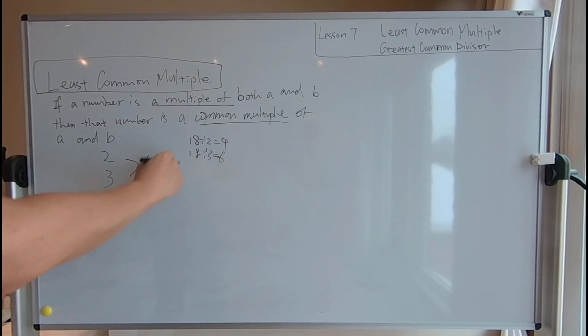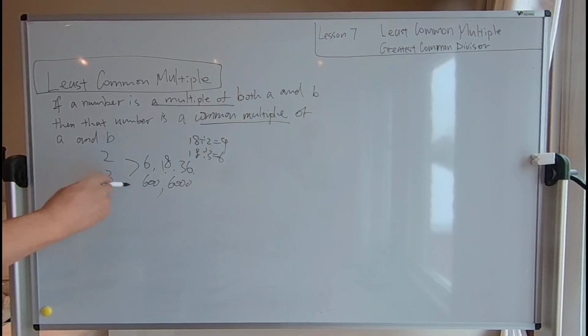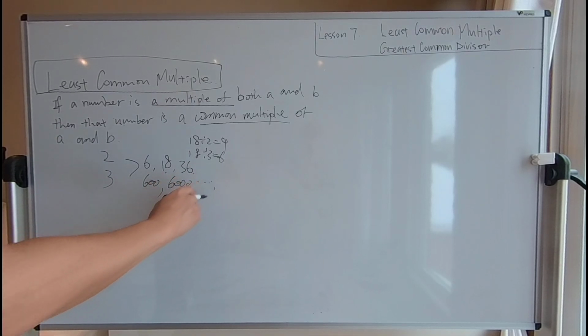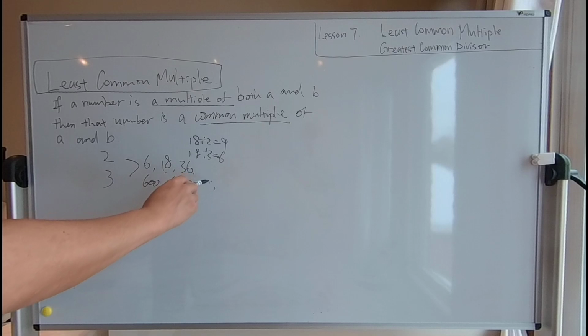And I can keep giving further examples like 36, even 600, or 6,000. You can test them yourself, but you can also tell easily that these are all common multiples of 2 and 3. If you just keep writing, very soon you will find that you can write infinitely many such examples.